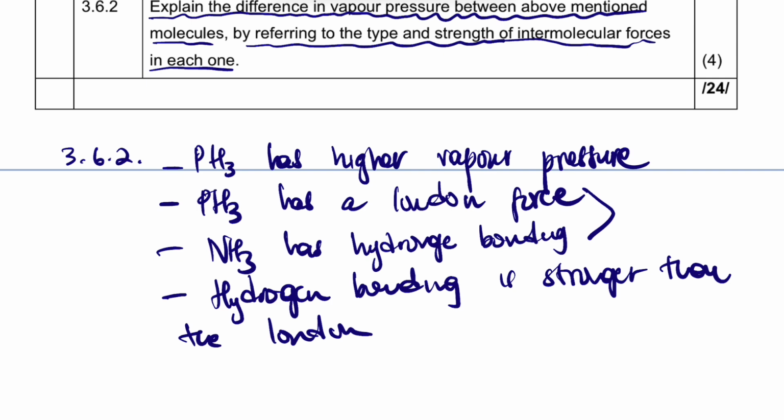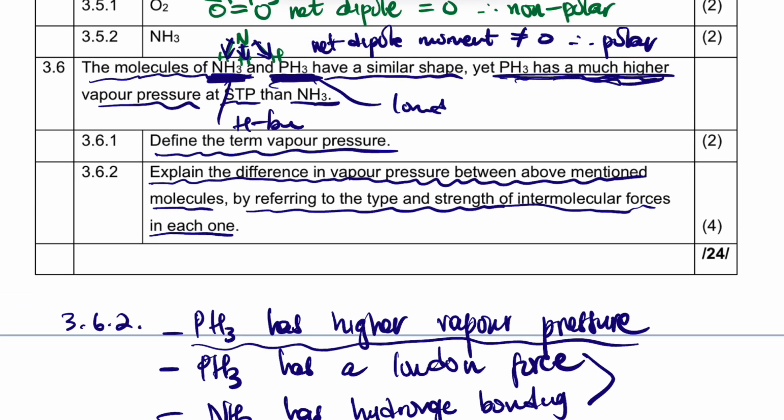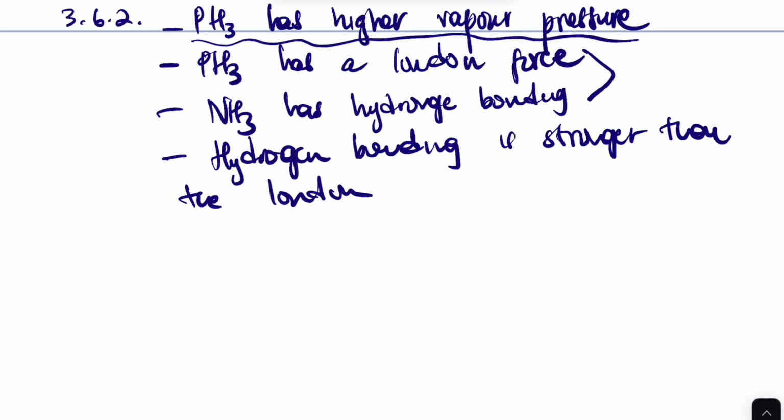It's 4 marks. The last mark, guys, is not a mark because it's already mentioned there that it has a much higher vapor pressure. So these are the marks, 1, 2, 3, and the fourth one is this one.